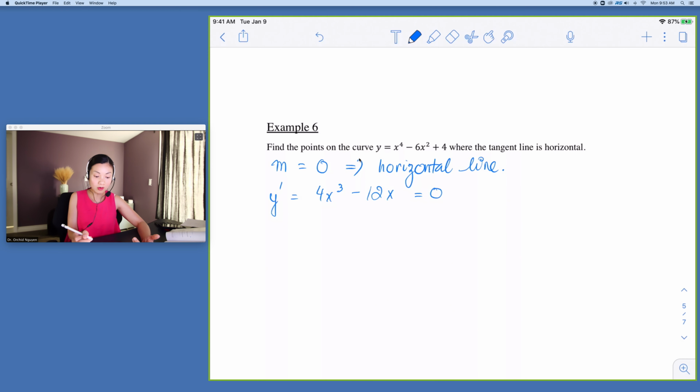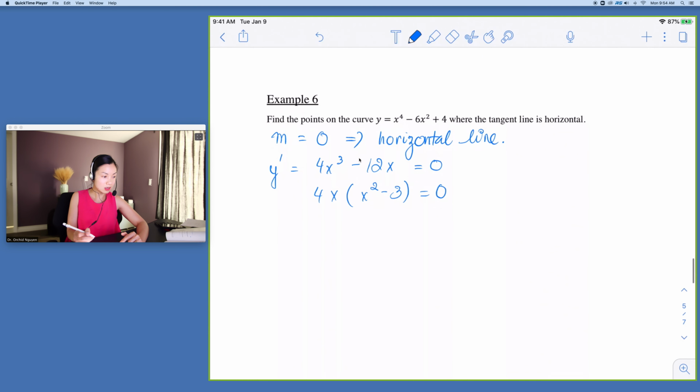Now, how do we solve it? You can just simply factor. Okay, so you can see that I have x equal to 0, and for this one, x squared minus 3 equal to 0, x squared is going to be 3, and then you take the square root, you end up with plus and minus square root of 3.